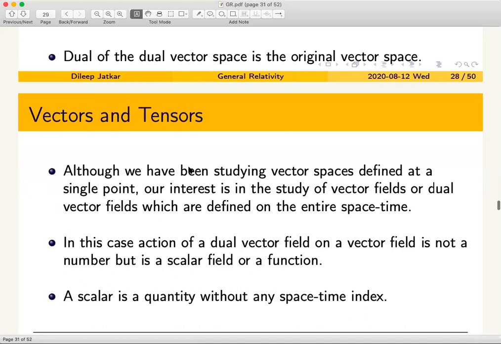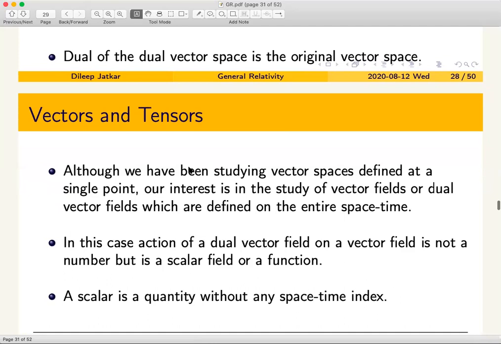Exactly the way a vector field is defined as an assignment of a vector at each space-time point, a scalar field is an object where there is an assignment of a number at each space-time point. That number doesn't have to be the same everywhere.